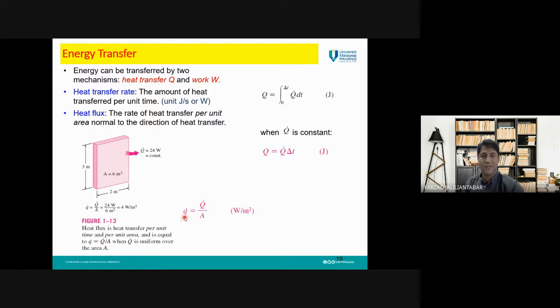So the lower Q dot is equal to Q dot, or rate of heat transfer, divided by A. These three are important, and you need to not mix them, and you need to know each one of them specifically, because in the examples you will see, each one of them may be a question to calculate heat transfer, to calculate heat transfer rate, or even to calculate the heat flux. A unit for the heat flux is watt per meter squared.